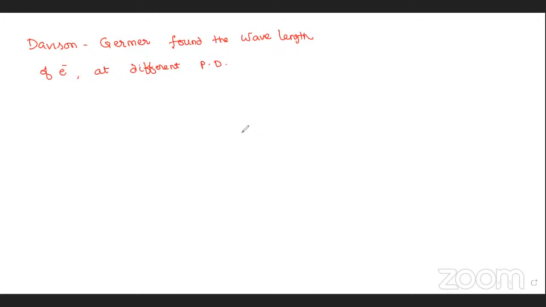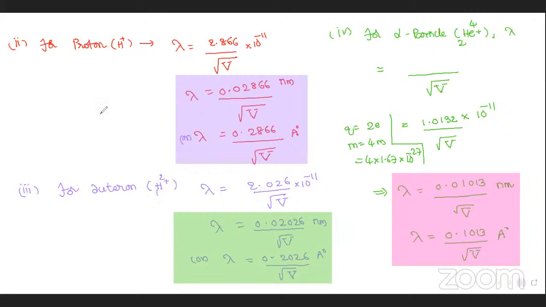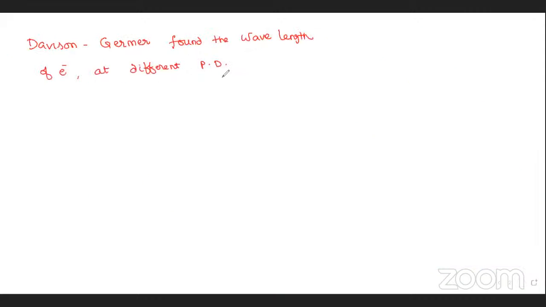So here using that cyclotron, suppose if they get the velocity comparable to the speed of light, again we have to change the equation according to m naught by root of 1 minus v square by c square here. And theoretically they found one wavelength here, and practically they found the wavelength experimentally at different potentials, and both are perfectly matching up to 4 decimals.